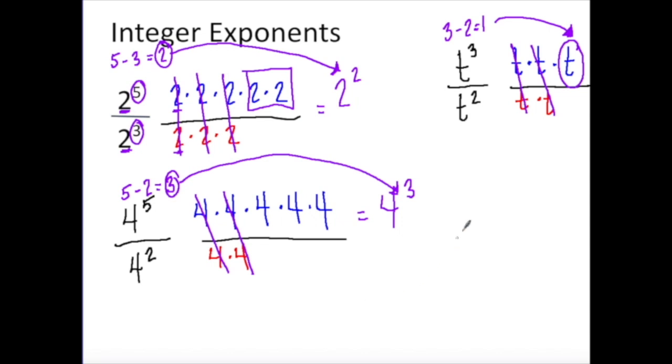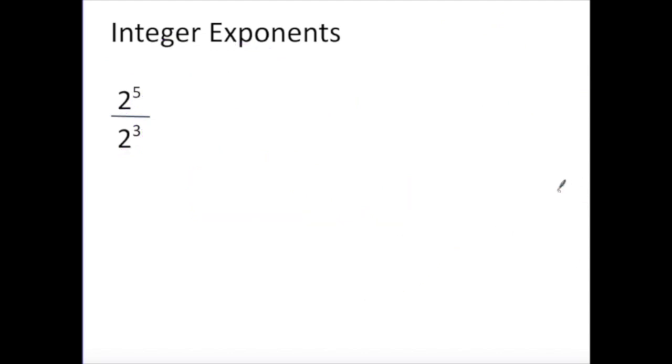Let's do m to the 8th power divided by m to the 4th power. So go ahead and see if you can, in your mind, decide what the answer is going to be.